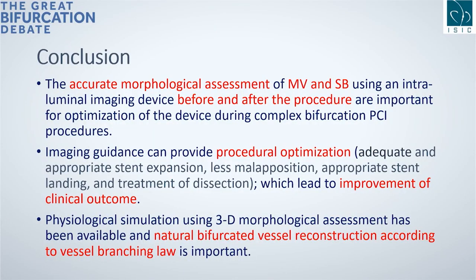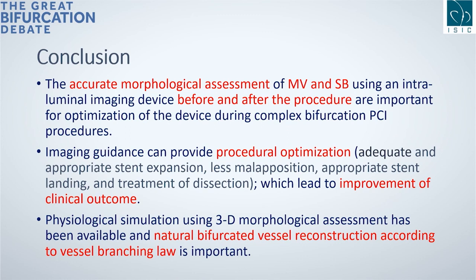Ladies and gentlemen, this is my conclusion slide. The accurate morphological assessment of the main vessel and side branch using intraluminal imaging devices before and after the procedure is important for optimization of the device during complex bifurcation procedures.